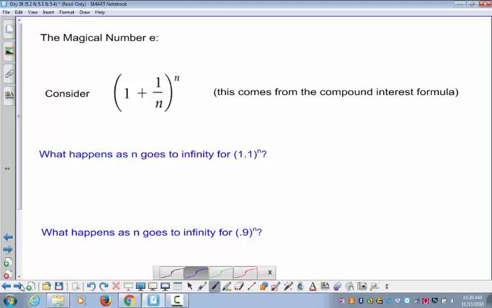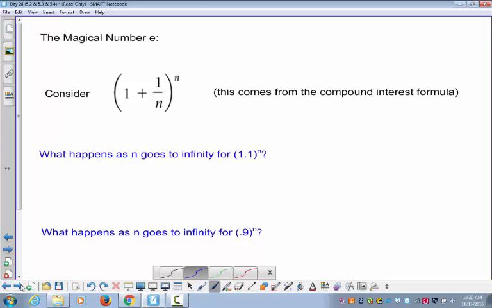And if we check out this quantity right here, 1 plus 1 over n to the n, that expression there should be familiar from the compound interest formula. Compound interest formula, you do 1 plus r over n to the nt, checking out the classes.